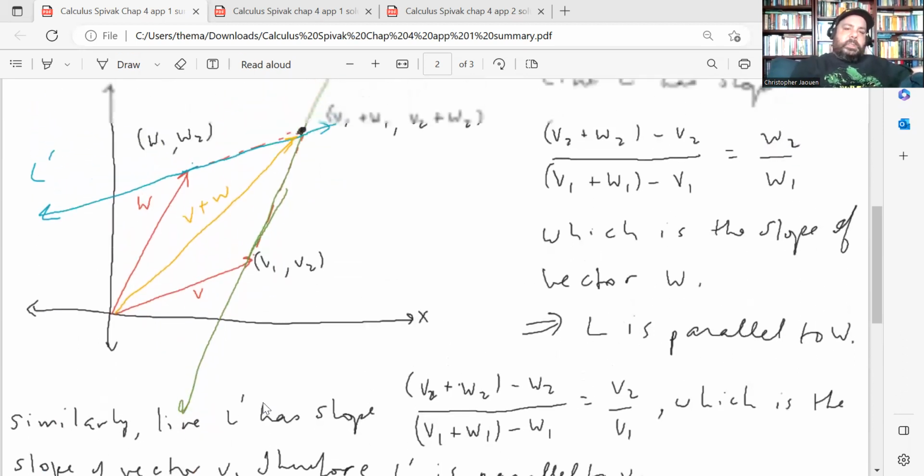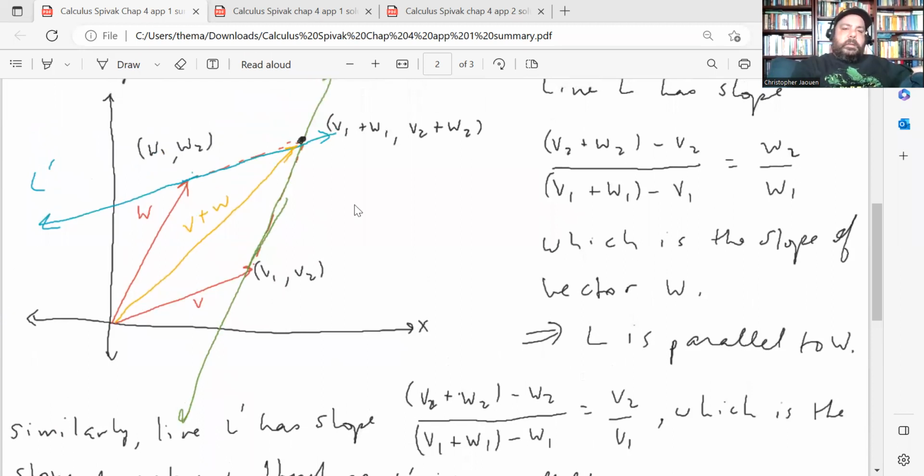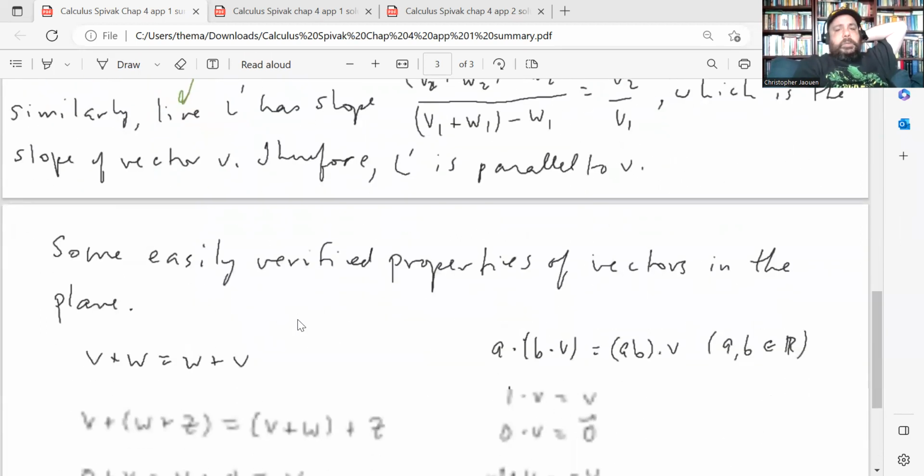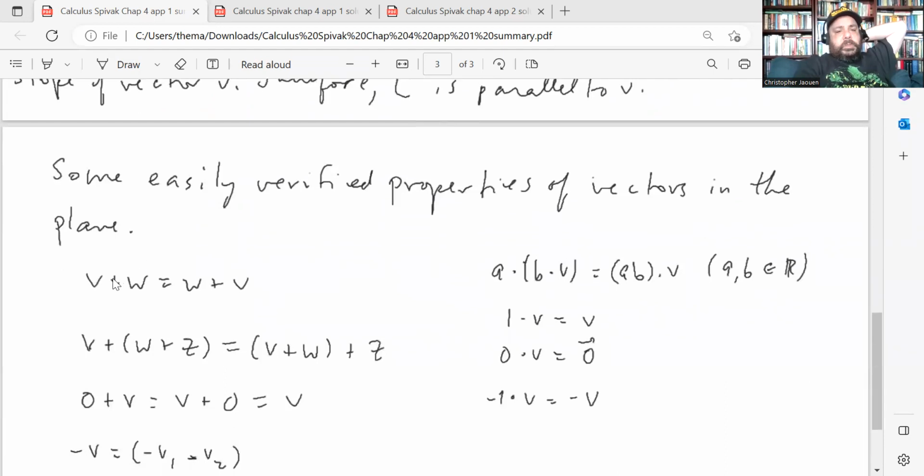So it gives you a geometric interpretation of the sum of two vectors. It gives you the diagonal of the parallelogram spanned by the two vectors. And using that geometric conception, it should be intuitively clear that addition of vectors would be commutative, right?